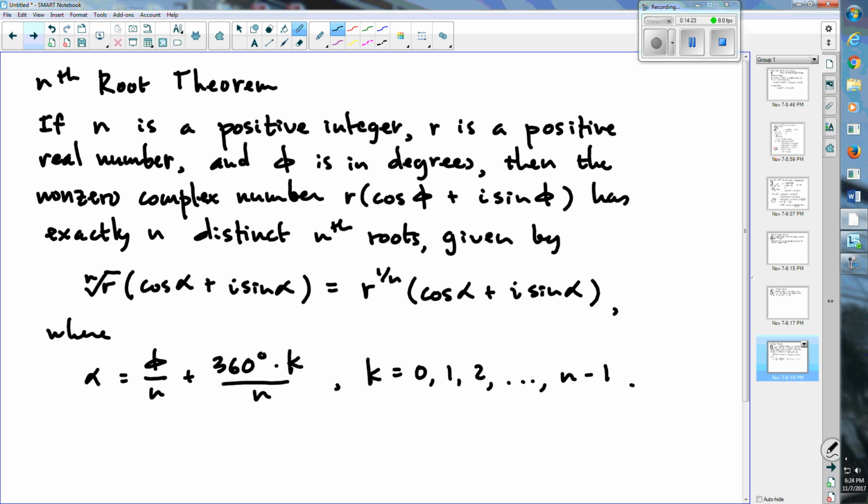Now alpha is equal to the angle phi over n plus 360 times k over n. K will start at 0 and go up through 1, 2, all the way to n minus 1.